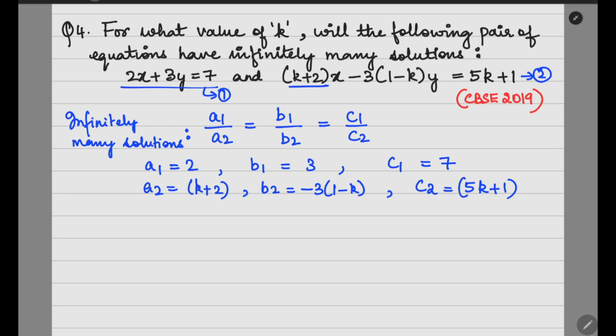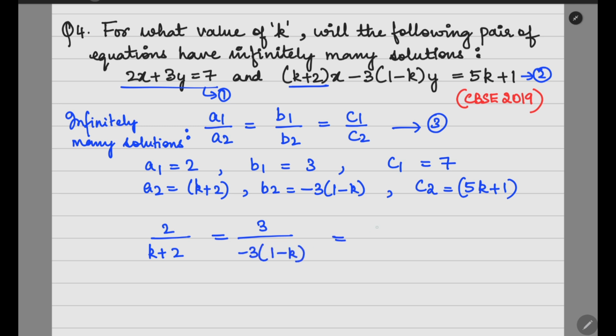Now substitute into the condition as mentioned here. So you will get 2 divided by k plus 2 equal to 3 divided by minus 3 into 1 minus k, which is b1 by b2.